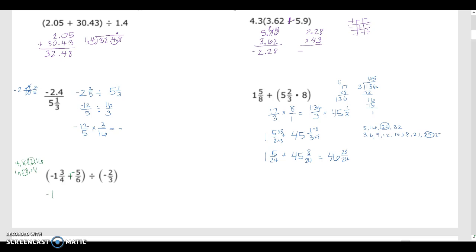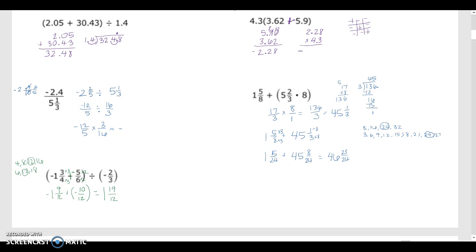So I have negative 1, and then how do I get to 12? So 4 times 3, so 3 times 3 is 9, plus a negative, let's see, 6 times 2 is 12, so 5 times 2 is 10 over 12. Same sign, add and keep. So I have 1 and 19 over 12.